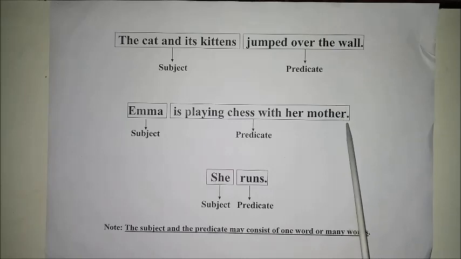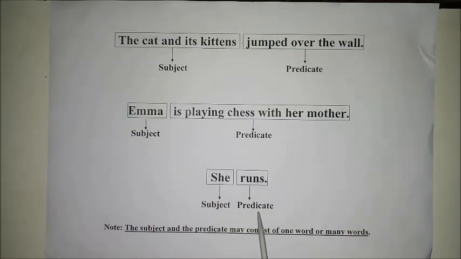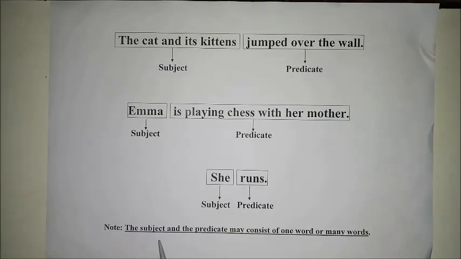Now, coming to the second sentence, we see that the predicate has 1, 2, 3, 4, 5, 6 words. While in the third sentence, the predicate only has one word. So we can conclude that the subject and the predicate may consist of one word or many words.